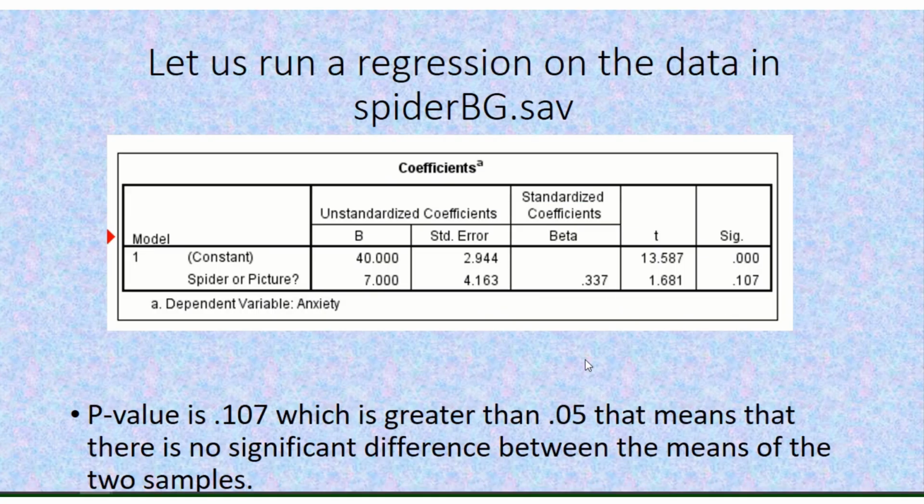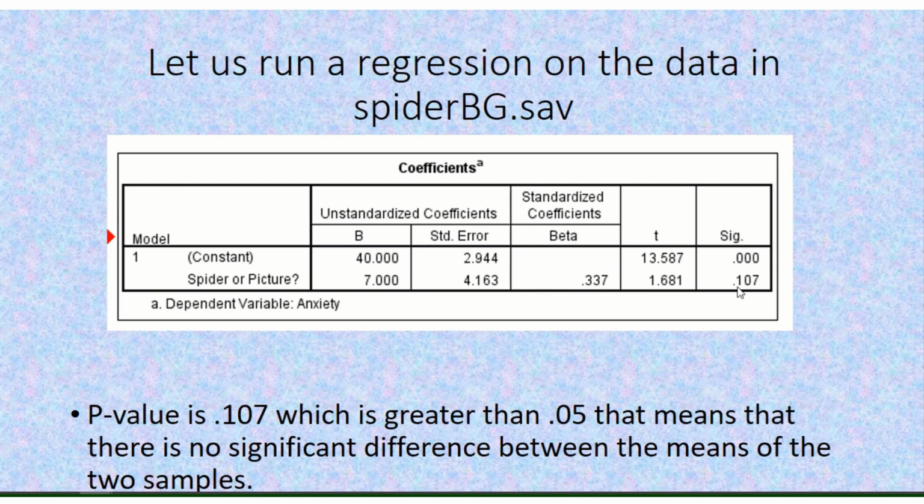Let's take a look at the table which shows the regression coefficients for the real spider and the picture of the spider. We can also see here the standard error, the standardized coefficients, the t-score and also the p-value. Now, let's focus on the p-value of the real spider and the picture of the spider.